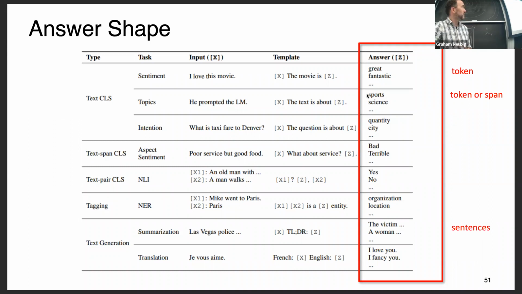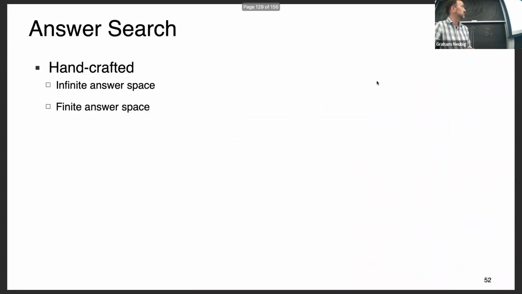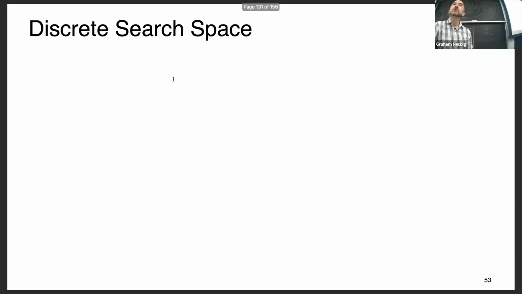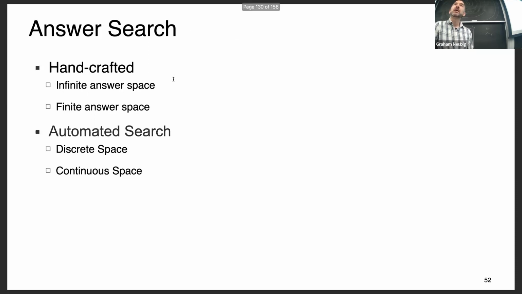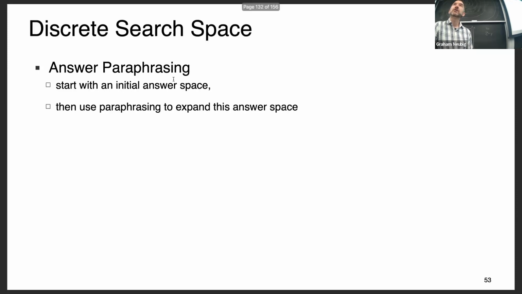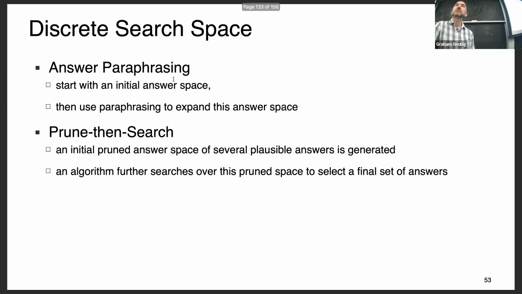But for a lot of other tasks, you have a label set, like classification. You have a label set already decided, so you need to search for answers. One way you can do that is with handcrafting. Another way is with automated search. For automated search, one way is to start with an initial handcrafted set of answers and paraphrase them to expand the answer space.